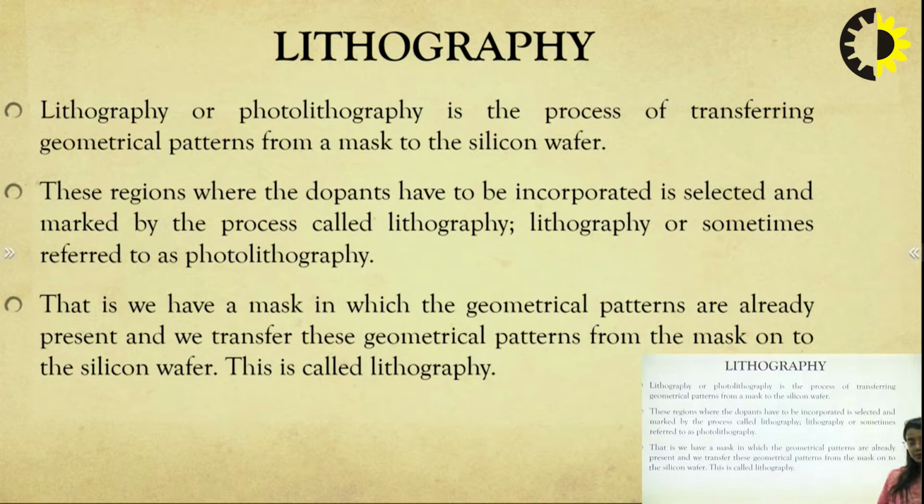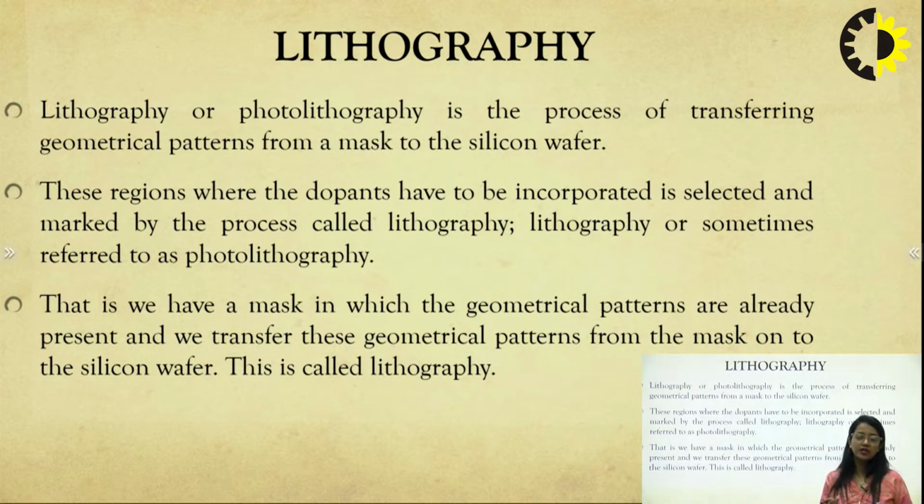Transferring a pattern on the silicon wafer means that we have a set of dimensions, and on that set dimension sometimes we want to add a dopant and sometimes we want to remove a certain layer. So let's say I want to remove a layer of silicon dioxide, and at that point of removed silicon dioxide I want to add some dopant, p type or n type semiconductor.